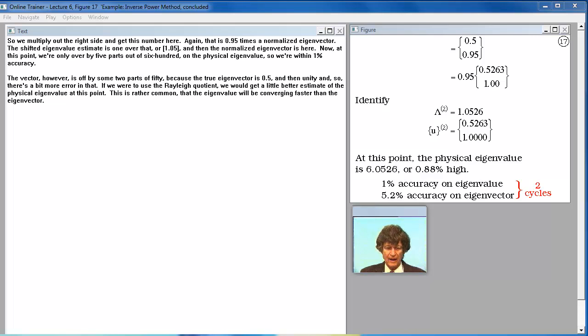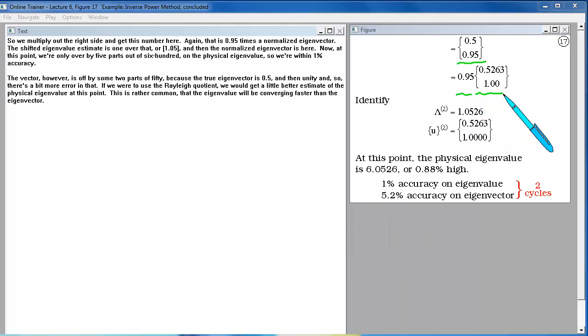So we multiply out the right side and get this number here. Again, that is 0.95 times a normalized eigenvector. The shifted eigenvalue estimate is 1 over that, or 0.105, and then the normalized eigenvector is here.